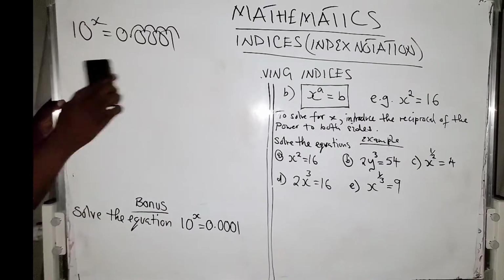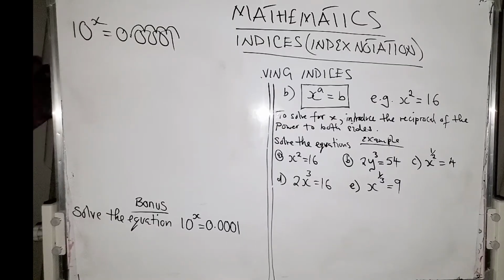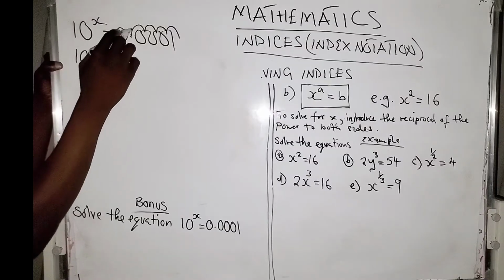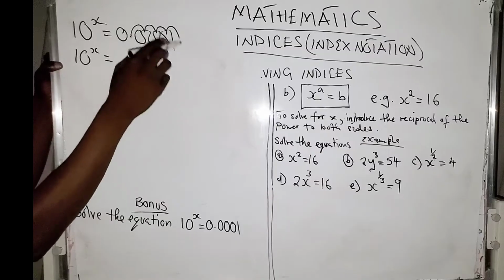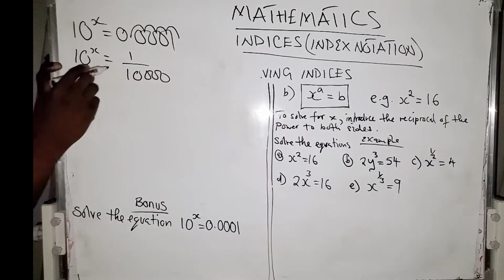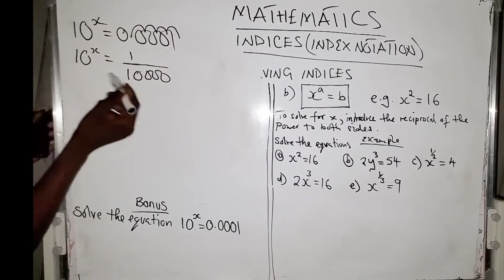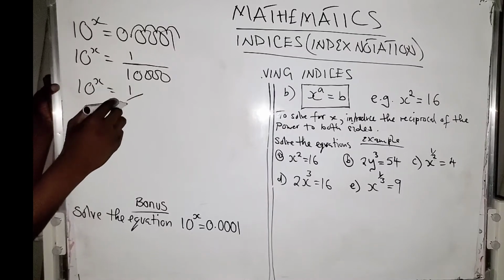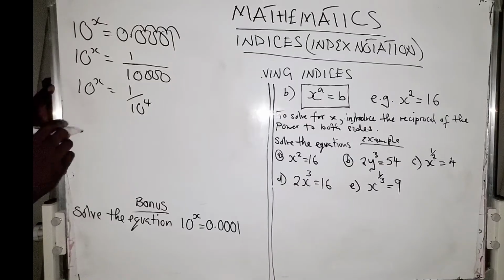In other words, if you don't want to leave it in standard form, you can solve it like this. 10 to the power x is equal to, it has moved 4 times, right? So it will be 1 over the number of steps moved, which is 10,000. Then 10 to the power x is equal to 1 over 10,000, which is the same as 10 to the power negative 4.